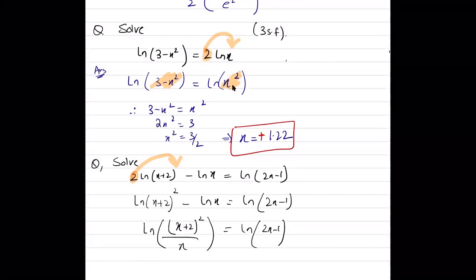Is it confusing or you get it? I get it. Okay. So after applying this law of log, the two logs on both sides, which are to the same base e, ln of this number is equal to ln of this expression. So I can say that the two expressions are equal.